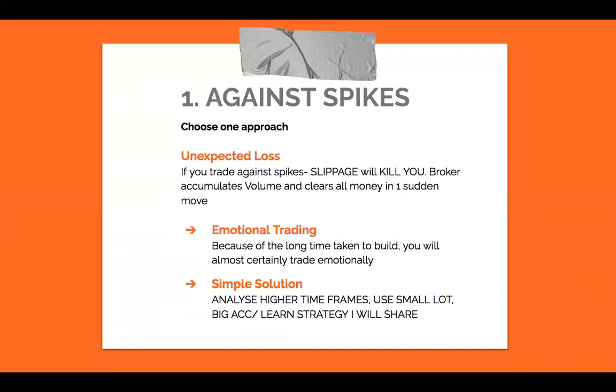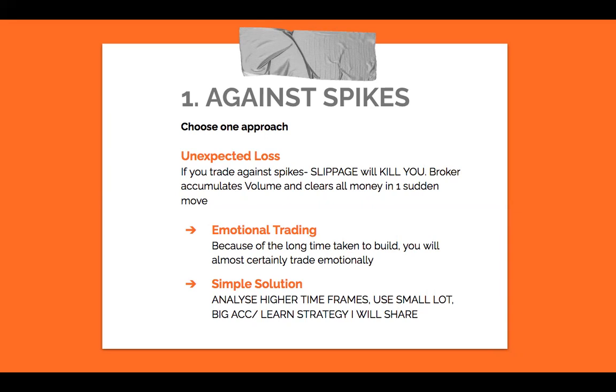The reason boom and crash indices attract so many people is that they promise a good return on a spike, and that's very instantaneous, or they promise a good return if you're trading against the spike, but with a higher lot size. A lot of people, because they really want to get money pretty fast, tend to switch to boom and crash indices.